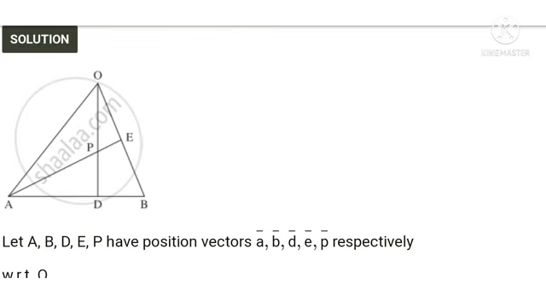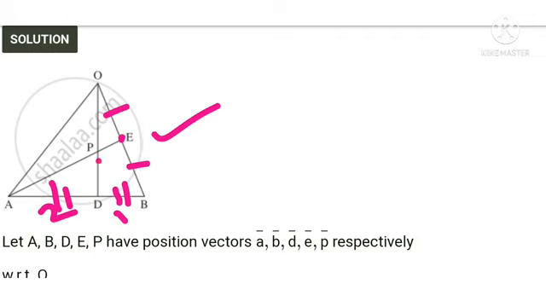First we draw the figure of triangle OAB. Here E is the midpoint of OB and D is the point on AB, and the ratio is given, AD is to DB is 2 is to 1. If OD and AE intersect at P, then determine OP is to PD.